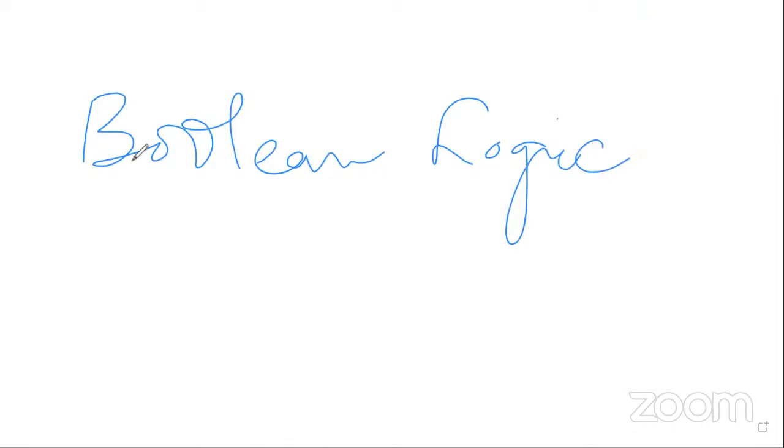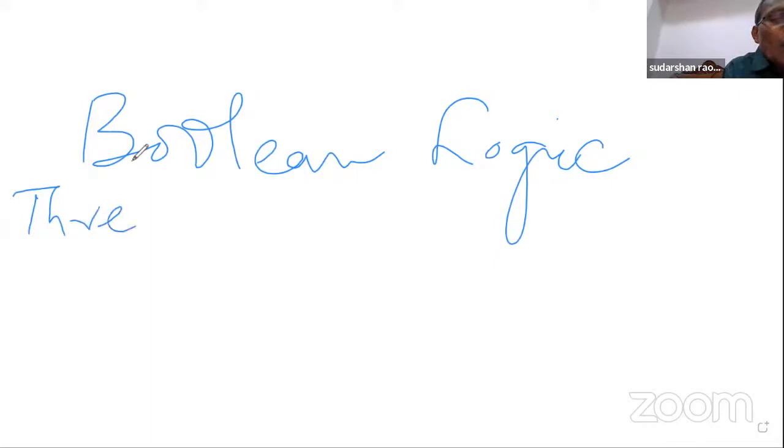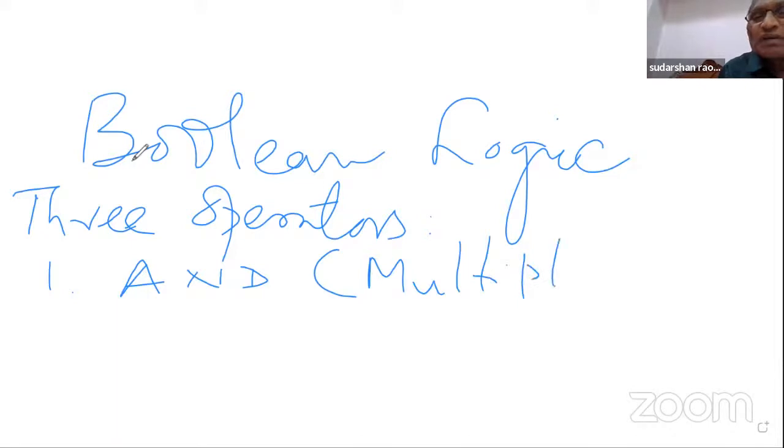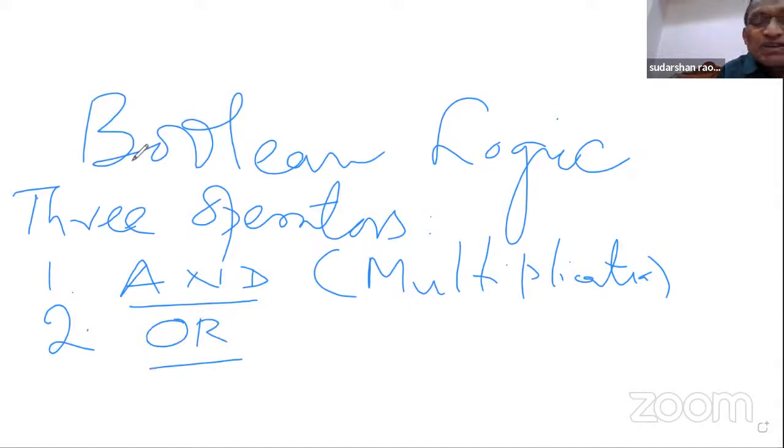Okay. So there are 3 operators in this. One is AND, this is multiplication. Two is OR, this is what you say is addition.